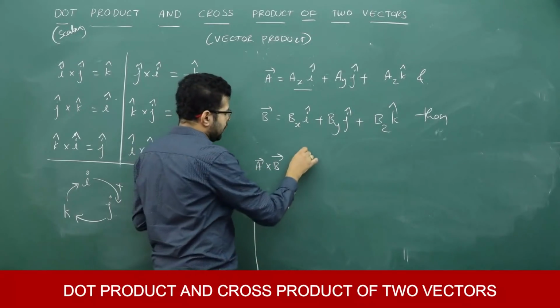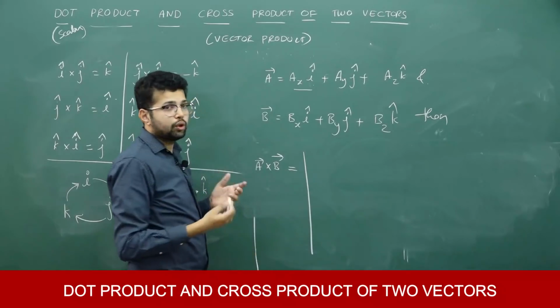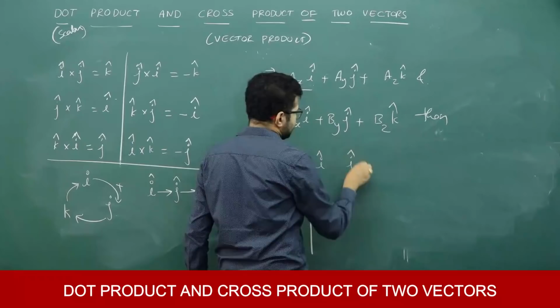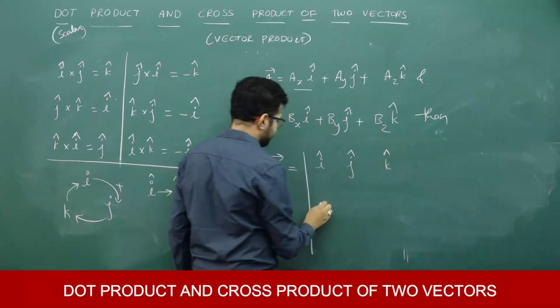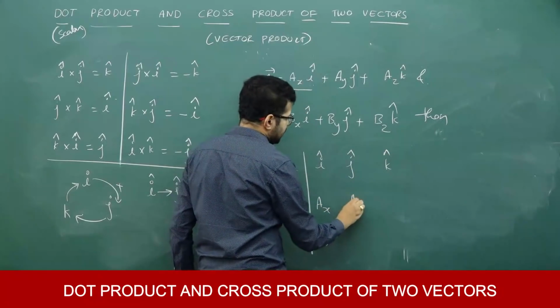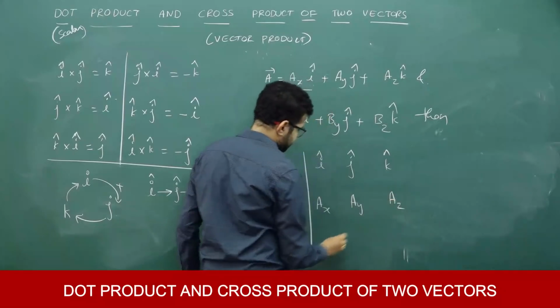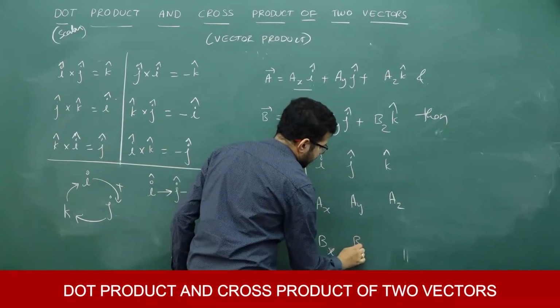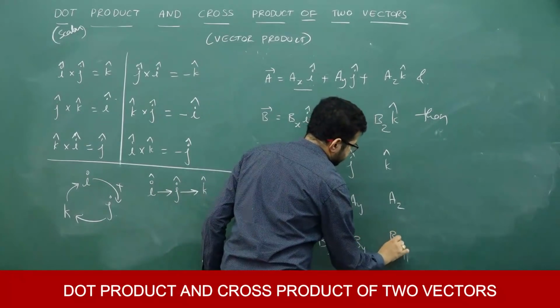Rather, what we can do is, A cross B is also given by the determinant of i cap, j cap, k cap; Ax, Ay, Az; Bx, By, Bz.